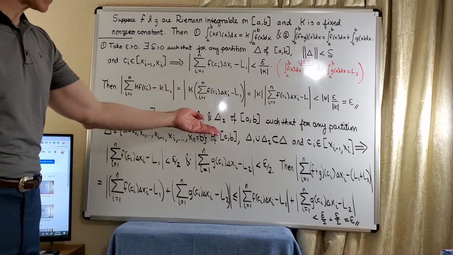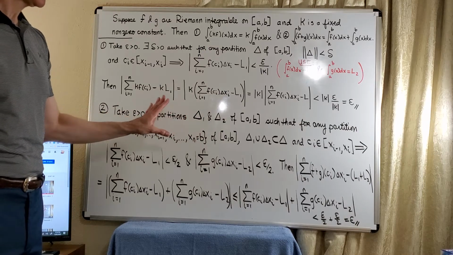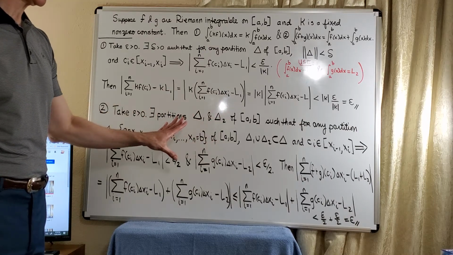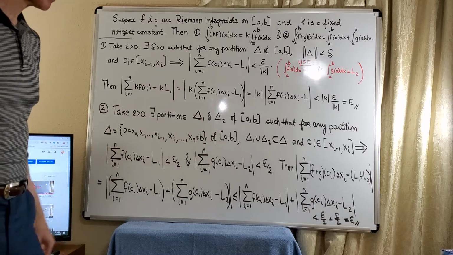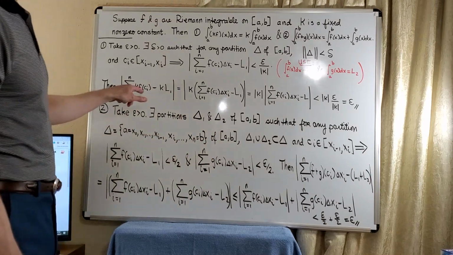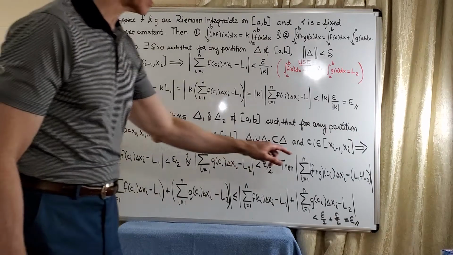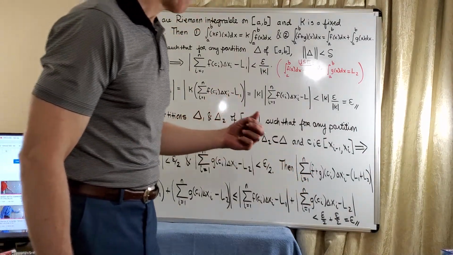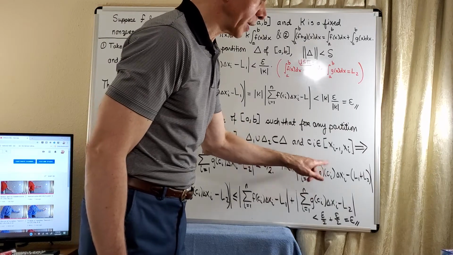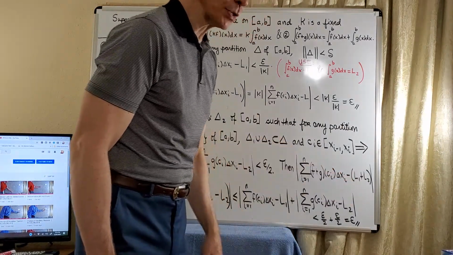So this is basically taking the definition and modifying it in a way so that we can get a clean expression here. Now, of course, we're going to do just like what we did here. We're going to look at the Riemann sum of f plus g, and we're thinking that we can make this arbitrarily close to L1 plus L2.